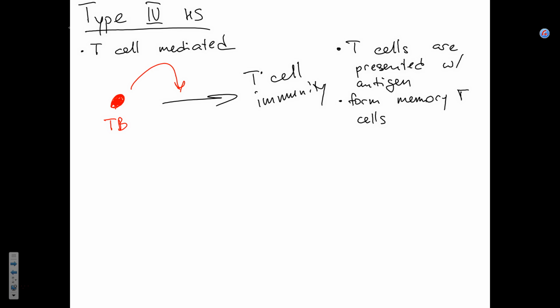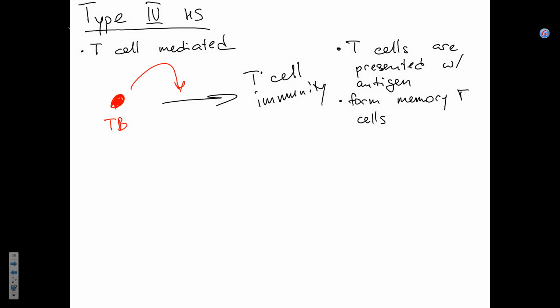We discussed it already. You should remember that. So infection with Mycobacterium, you get a population of T-cells, a clone of T-cells that form a memory population, and say the infection goes pretty much latent. You don't have active tuberculosis.